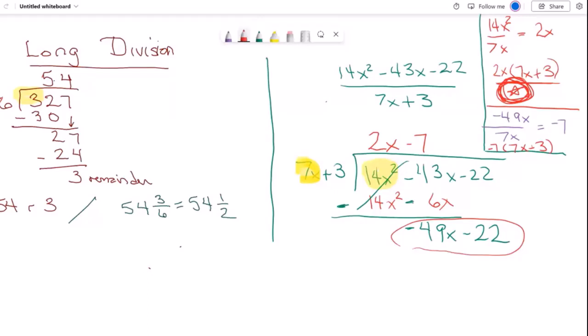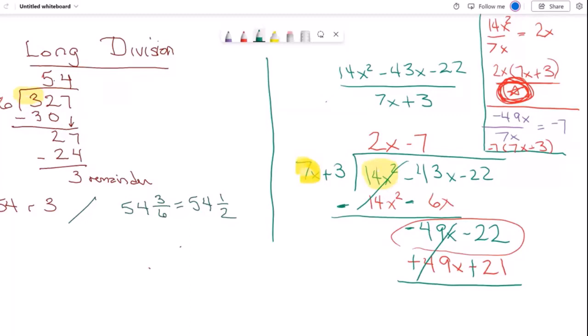I get minus 7 times 7x is minus 49x. And minus 7 times positive 3 is minus 21. Since I'm going to subtract, I'm going to change all the signs. This becomes plus, and this becomes plus, and then I add. This cancels. Perfect.